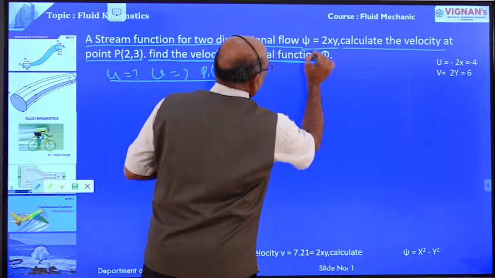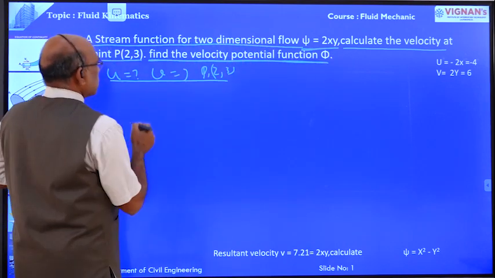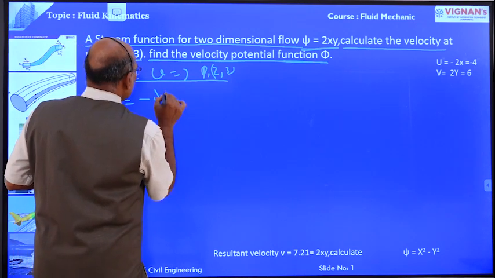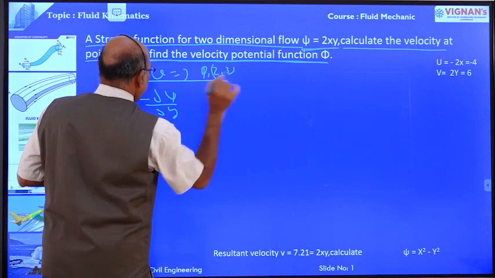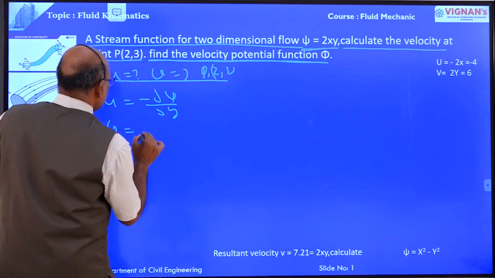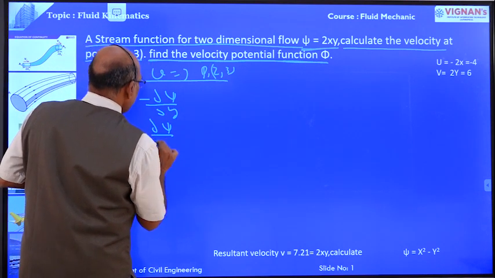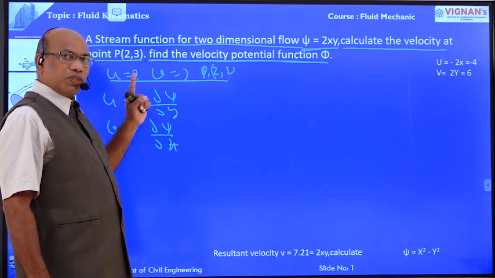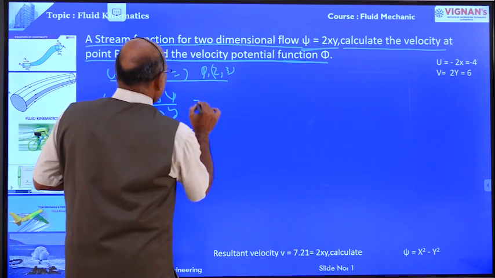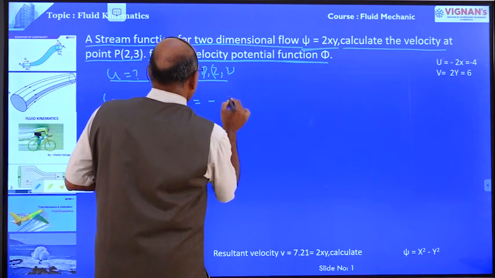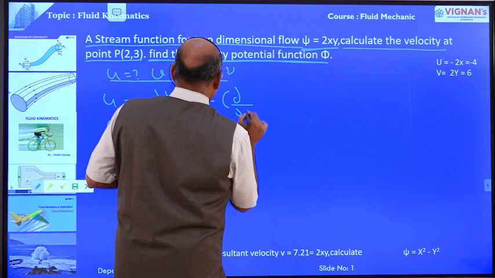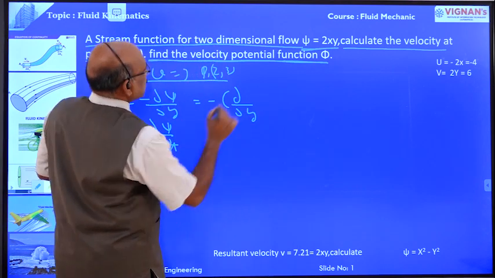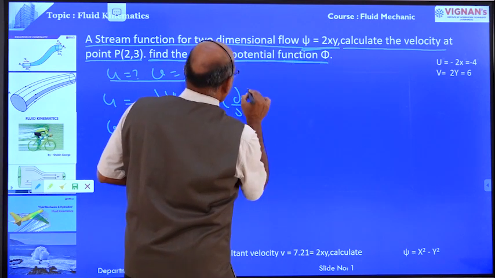As per the definition of stream function, u equal to minus ∂ψ/∂y and v equal to ∂ψ/∂x. This is the basic formula based on the definition of the stream function. So u is equal to minus of ∂ψ/∂y. What is ψ? ψ is nothing but 2xy.